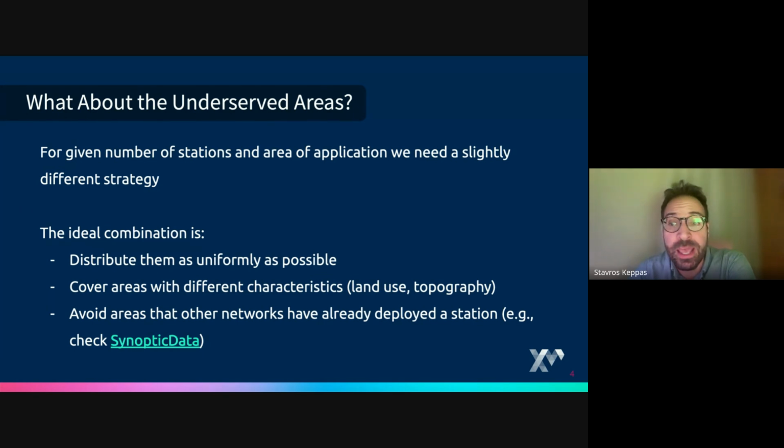And of course, if possible, avoid areas where other networks have already deployed stations. I know that this is difficult for many reasons, but let's try to avoid deploying too many stations where other networks have large densities. Of course, we need stations there too, but avoid spending a large number of stations in areas that other networks serve.